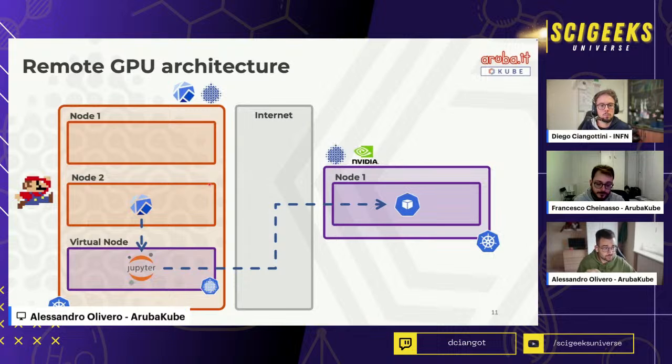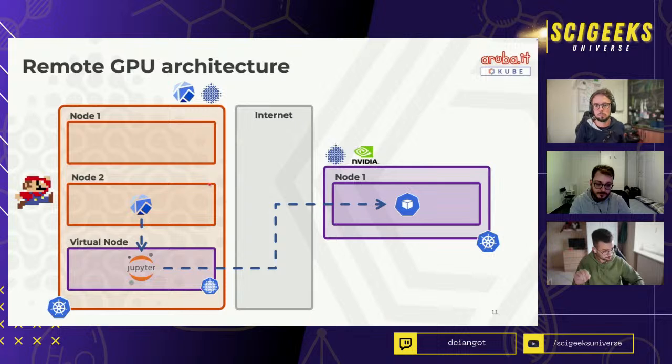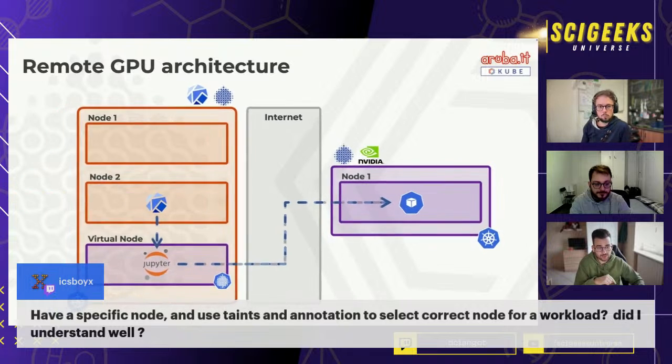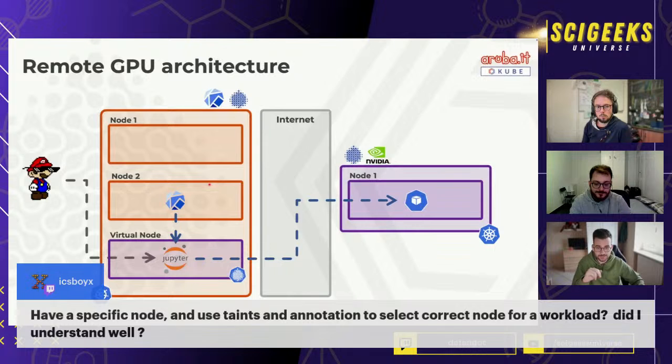Liqo will create a network interconnection to the pod actually running in the remote cluster, and Mario will be able to use his Jupyter notebook to do his everyday job. Okay, so that is mainly the setup for our demo.